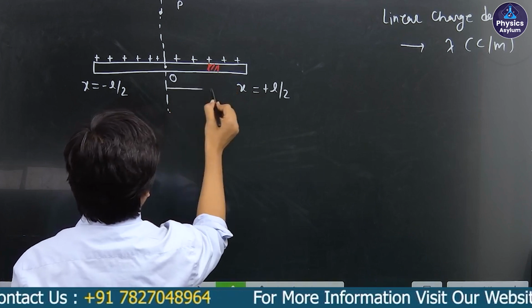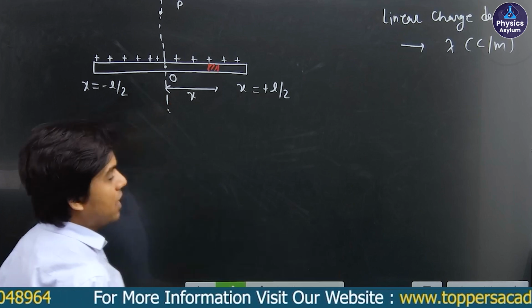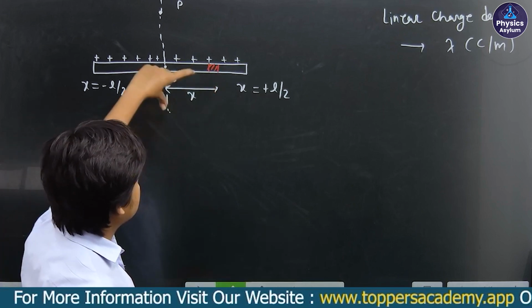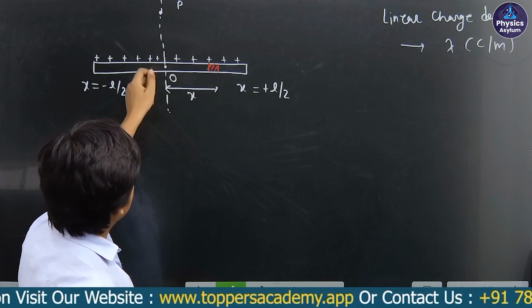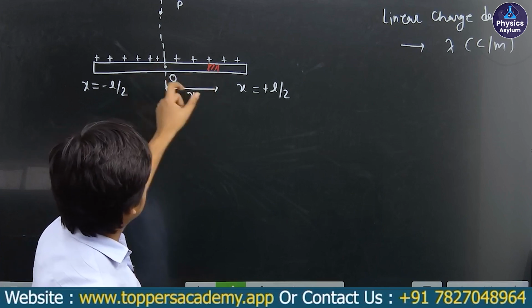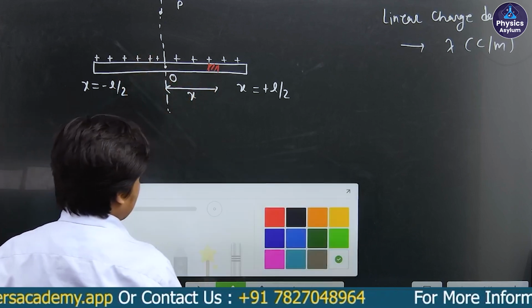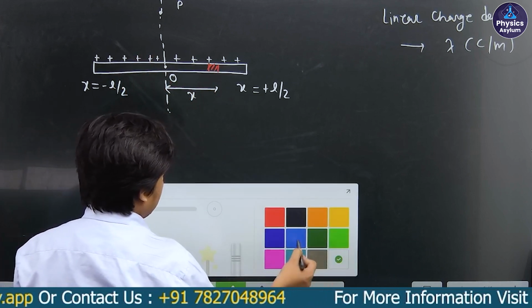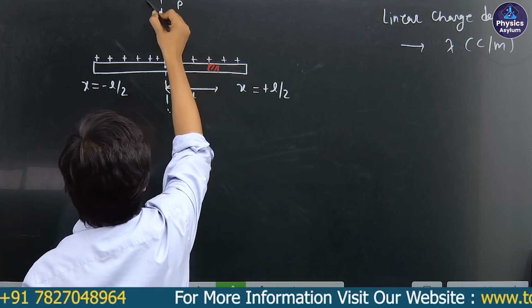I am considering this x as a variable, a charge element at a distance x from the origin, that is the midpoint of this rod. So what will be the electric field due to this charge element?